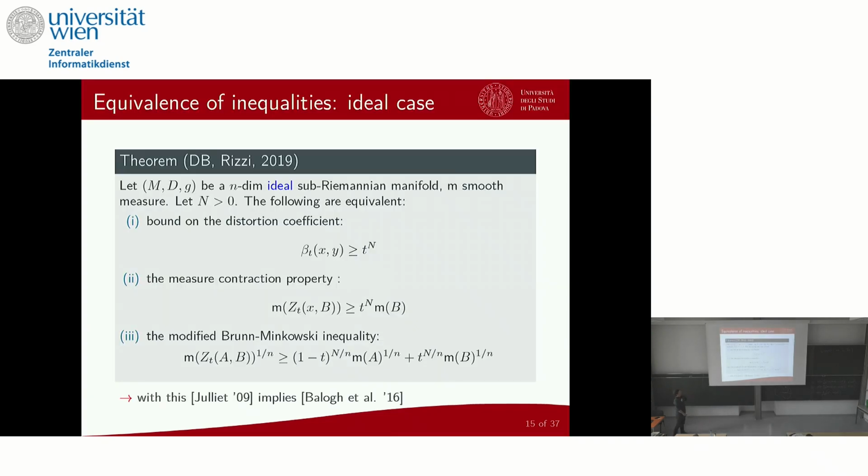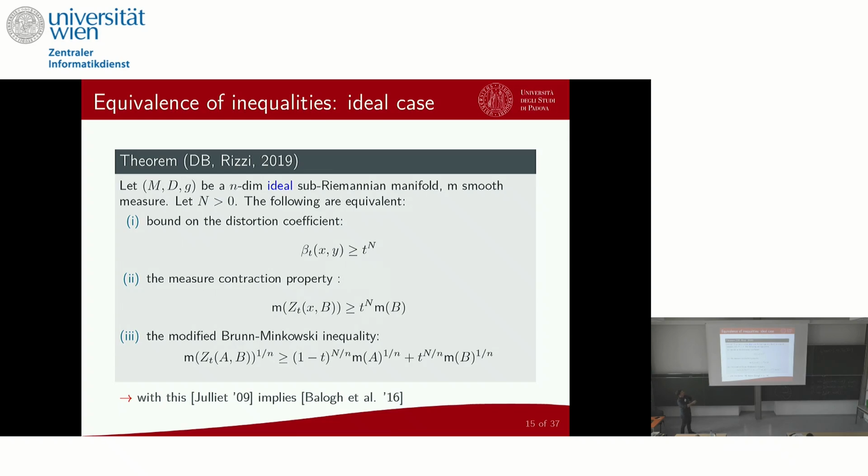Very good. So what we could prove with Luca Rizzi is that this sort of bound for the distortion coefficient integrates into the measure contraction property written in this sense.